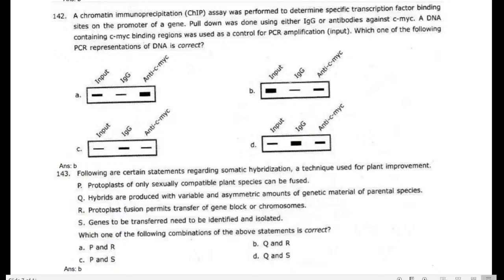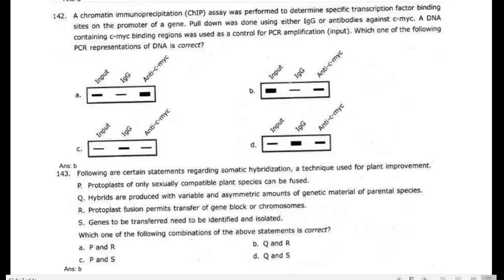It is the development of a hybrid plant through the fusion of somatic protoplasts of different plants. This is called somatic hybridization.